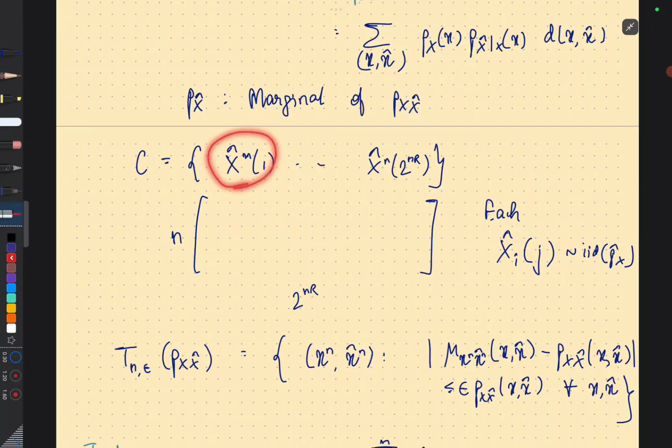These are the possible outputs that the decoder can output. We're using a rate R compression scheme, which means that the decoder can output 2^{nR} possible different sequences. All possible sequences that this can output is what we call the code book. So that's one part of the compression scheme.